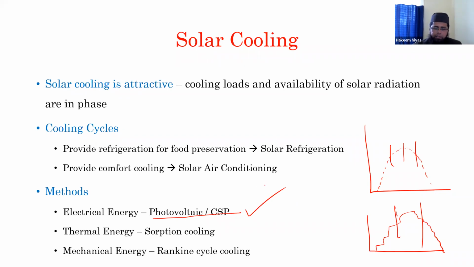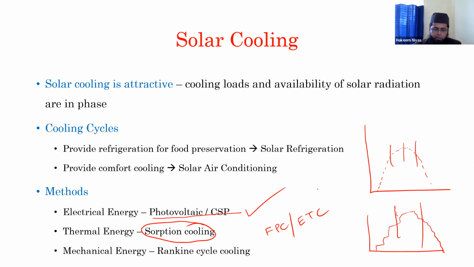The second way is to utilize the heat generated. If we have a flat plate collector or an evacuated tube collector, FPC or ETC, either one, we can get thermal energy as a hot fluid that can be sent to absorption cooling.